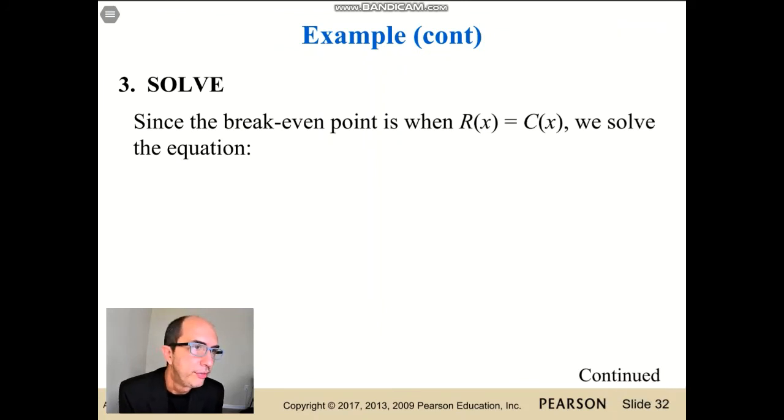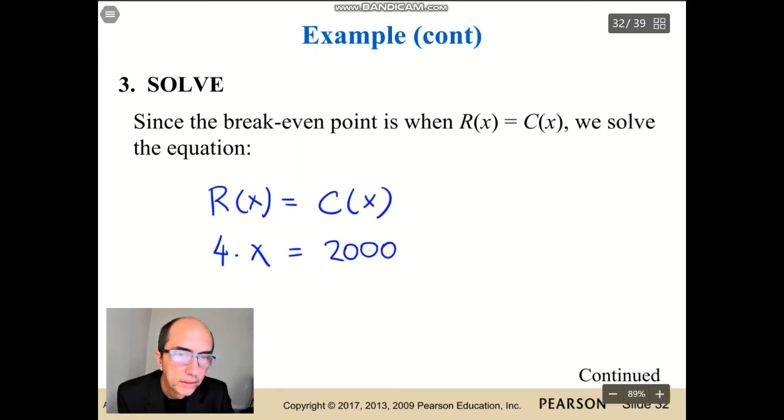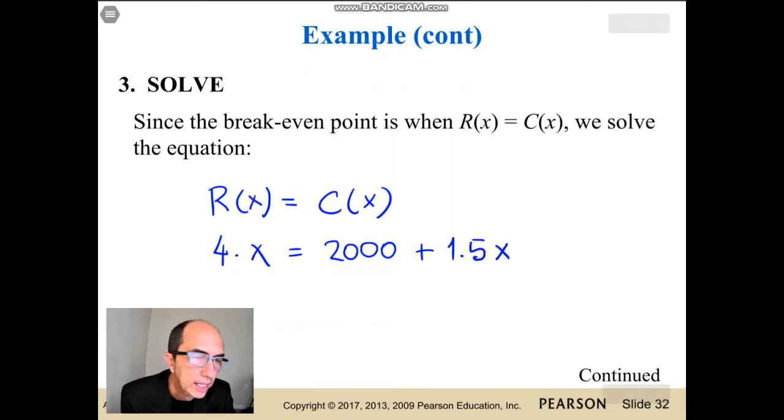Since the break-even point is going to be when revenue is equal to cost, then we make R(x) equals C(x). That means 4 times x equals 2,000 plus 1.5x. Let's solve this equation here. And to solve the equation, remember, you have to simplify, you have to apply the addition property and multiplication property.